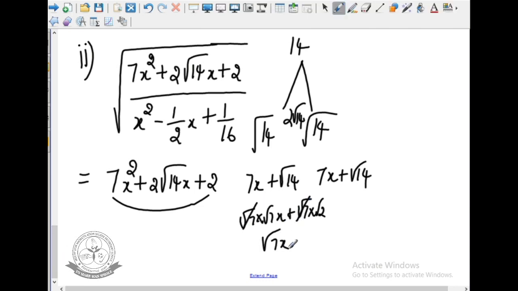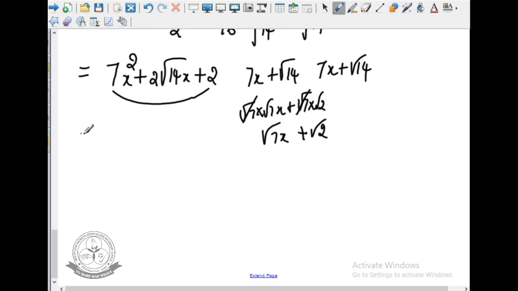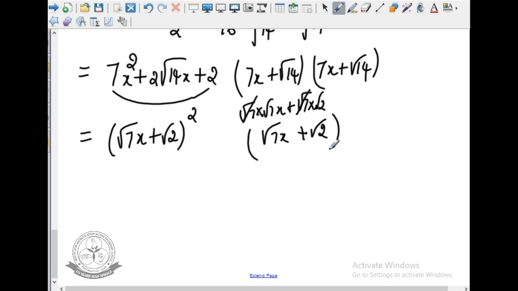The remaining is square root of 7x plus square root of 2. So I can write square root of 7x plus square root of 2. The other term is also the same thing, so here I can write whole square, because here I am having the same term. So 2 times it will come. So here I write the whole square.